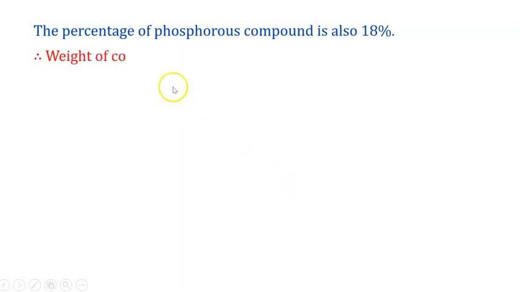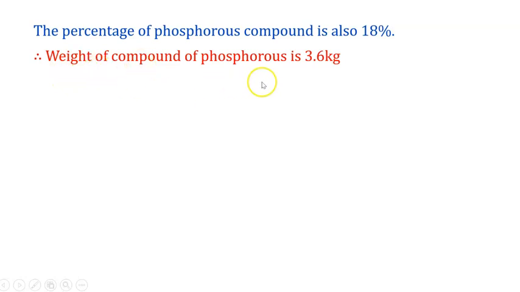And next, the percentage of phosphorus compound is also 18%, and hence the weight of the phosphorus compound is similar to the nitrogen compound, which is 3.6 kilogram. Therefore the weight of the phosphorus compound is 3.6 kilogram.